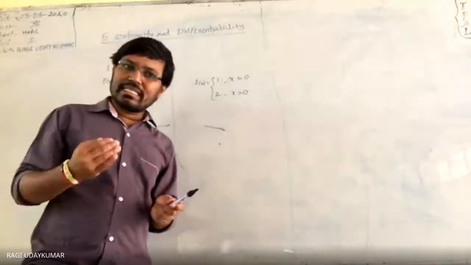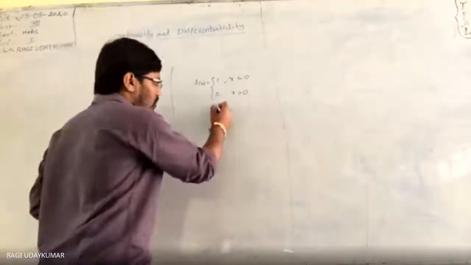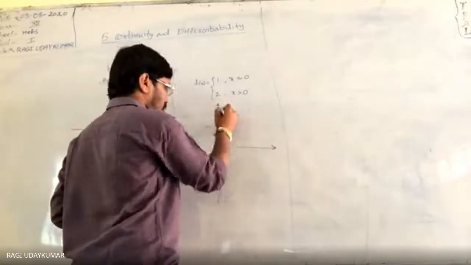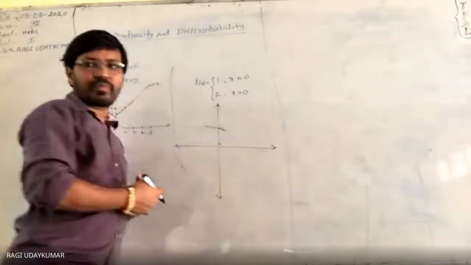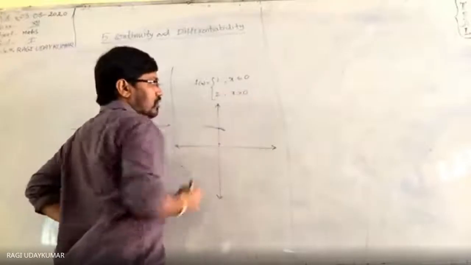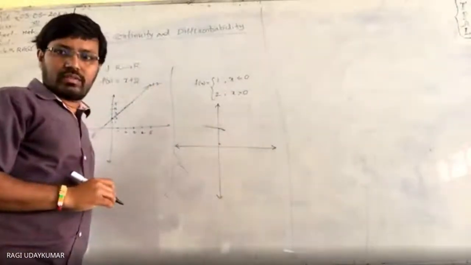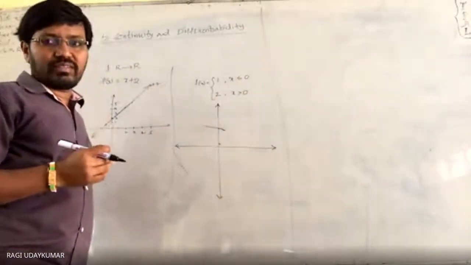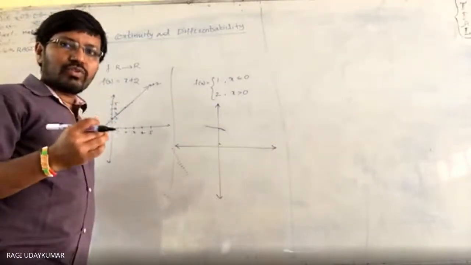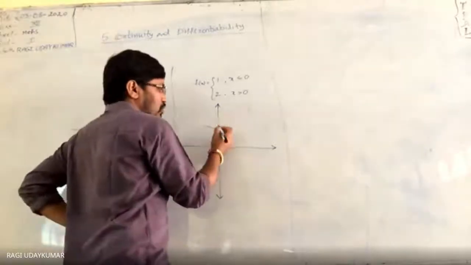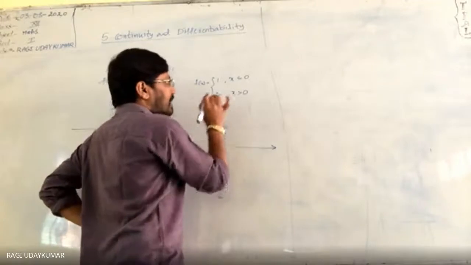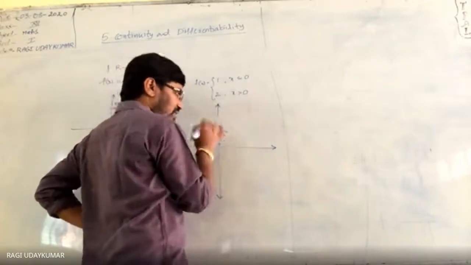So when x is less than or equal to 0, if you try to show the graph of this function, how will it be? For all the positive real numbers, only positive I am saying, any positive real number, like here 1, here 2, the value is 2.